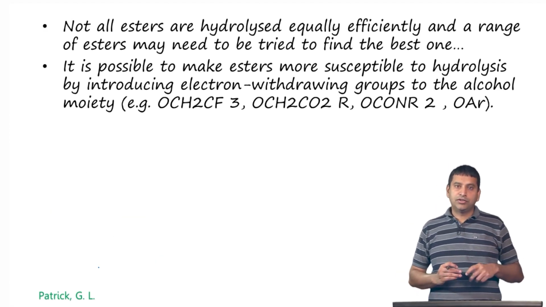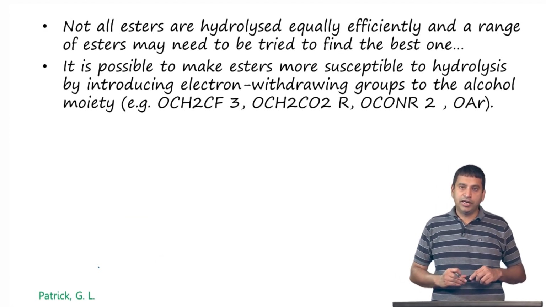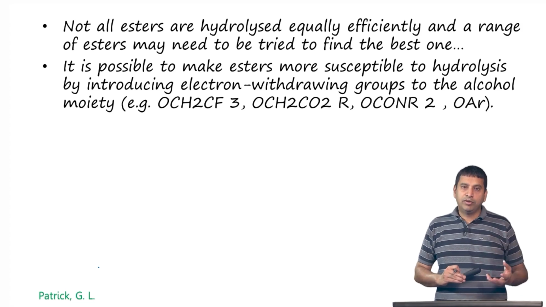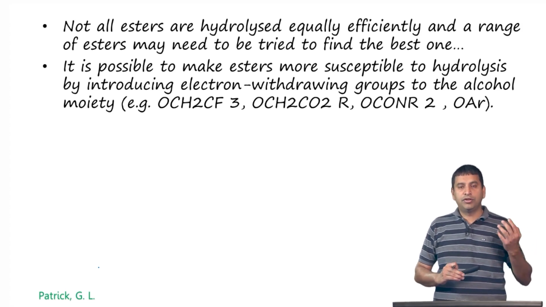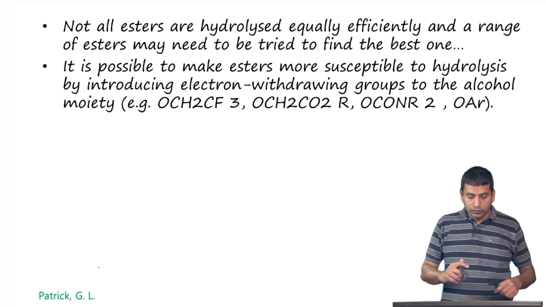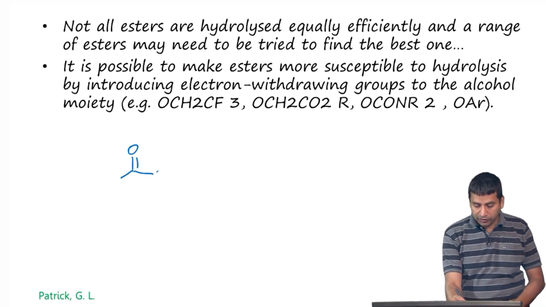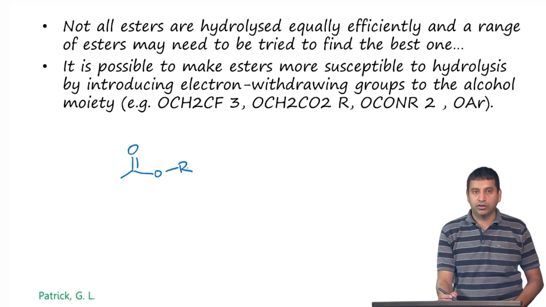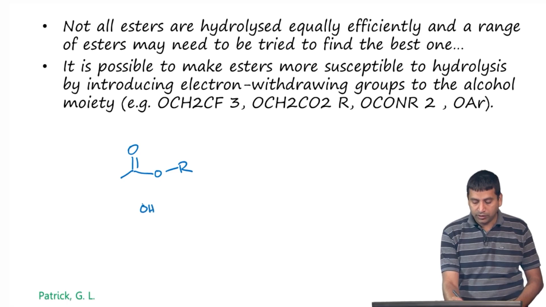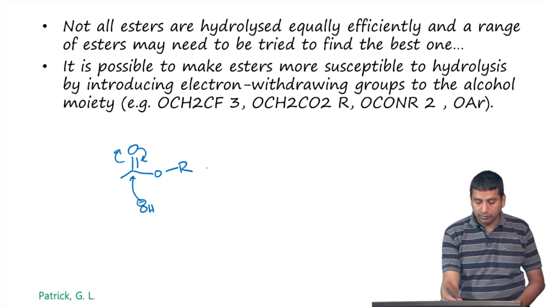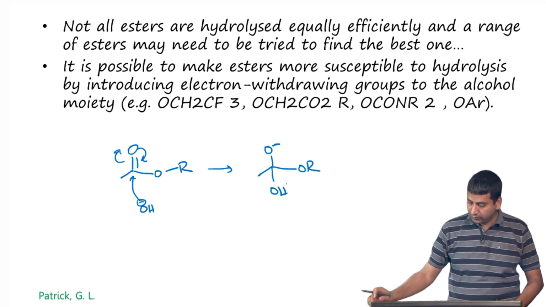Now, not all esters are equally efficient in getting hydrolyzed. Which we can very well imagine would be a function of the leaving group ability. So, if you see the way in which the mechanism for ester hydrolysis occurs, you have perhaps a hydroxide of some sort coming in here, kicking this out, coming back in and giving you this O minus through the tetrahedral intermediate.